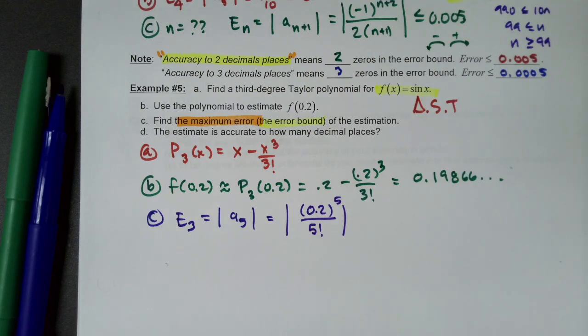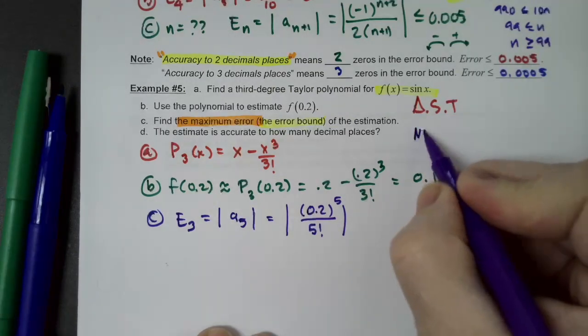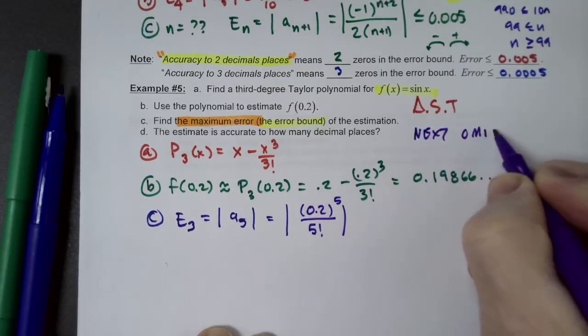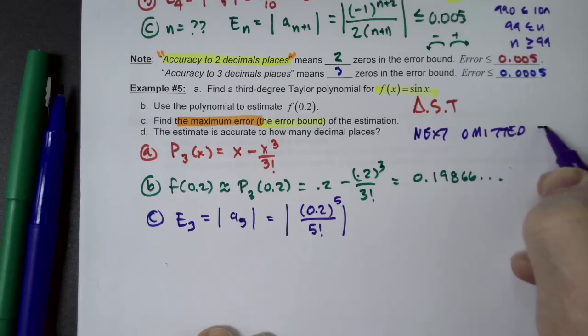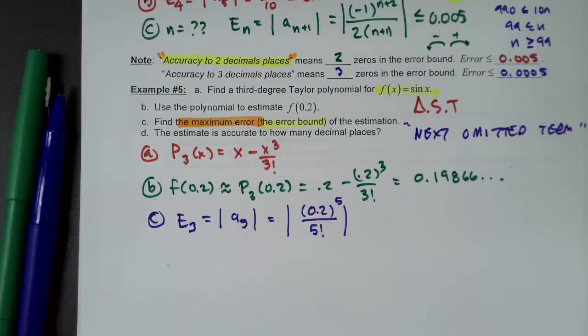The next omitted term, even though this is the 3rd degree term, the next one wouldn't be to the 4th power divided by 4 factorial. I guarantee you that that's going to be one of the answers on the multiple choice. But that term doesn't exist. Okay? So make sure that you remember this is the next omitted term. They like to ask questions like that. So make sure we don't get messed up on that.